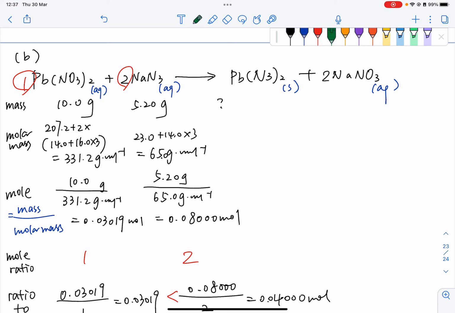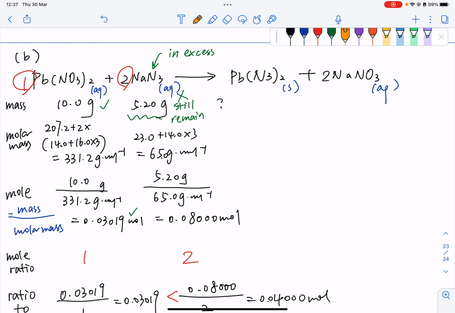It's because this one, as we calculated, is in excess, which means there will still be some remaining after the reaction. So can we directly use the grams of this one to calculate? We shouldn't, right? We shouldn't use this answer. Now we use the moles from the Pb(NO3)2.